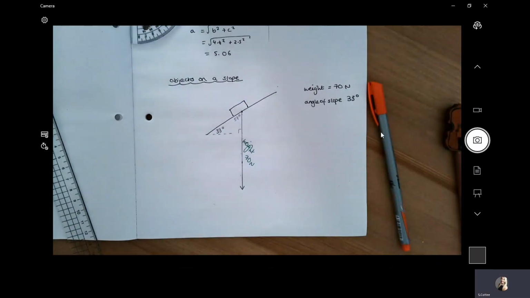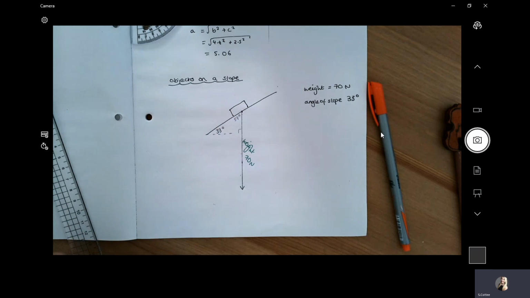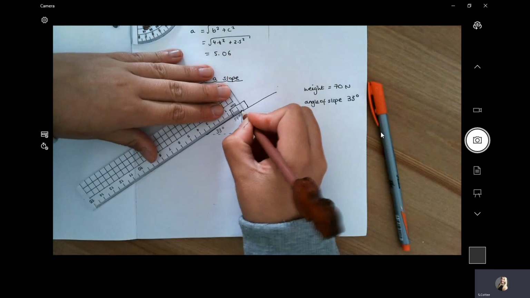Now this weight can be split up again into a horizontal and a vertical component. So my slope is actually already starting off this horizontal component. So I already know that's 57 degrees to my slope.